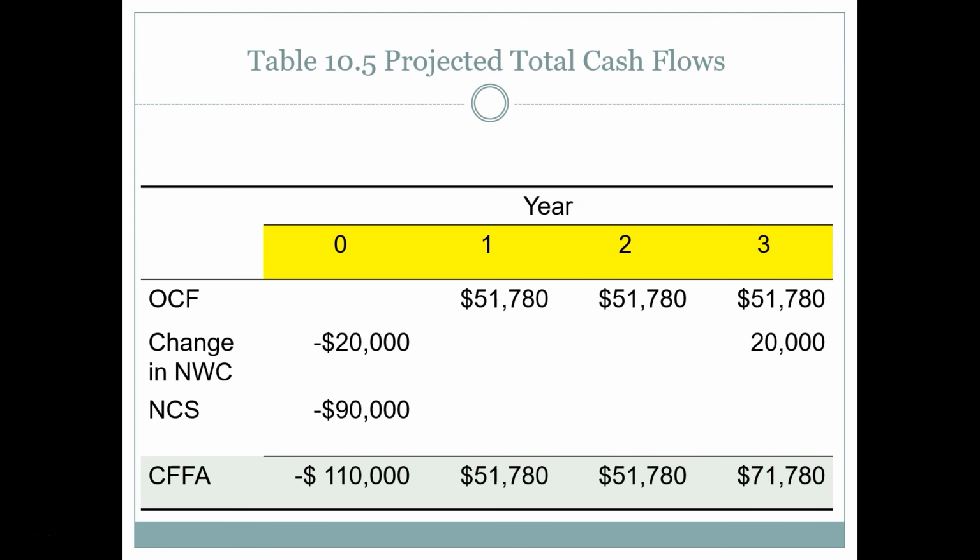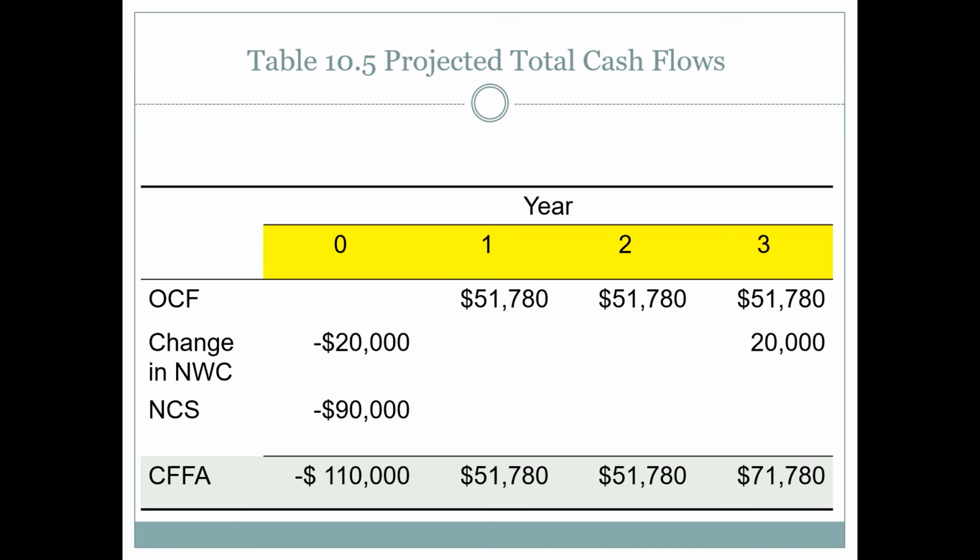So I don't add any more inventory, I don't add any more cash to the savings account, and I don't buy any more fixed assets. I just make do with the assets that I've already purchased. So operating cash flow minus the change in net working capital minus net capital spending for years 1 and 2, those are both 0. So cash flow from assets is just equal to operating cash flow here.